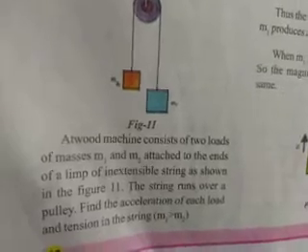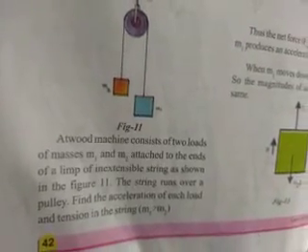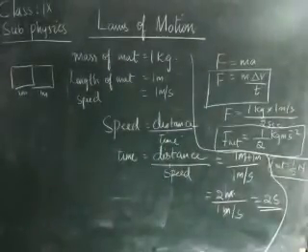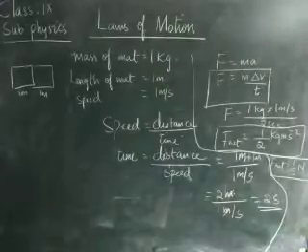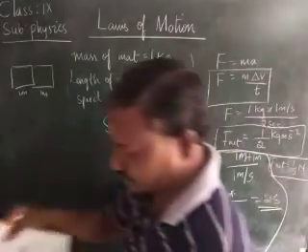The string runs over a pulley. Find the acceleration of each load and the tension in the string, where the condition is given that m1 is greater than m2.